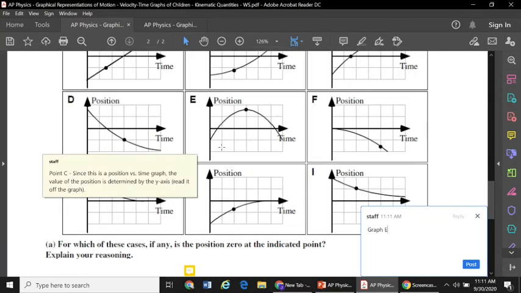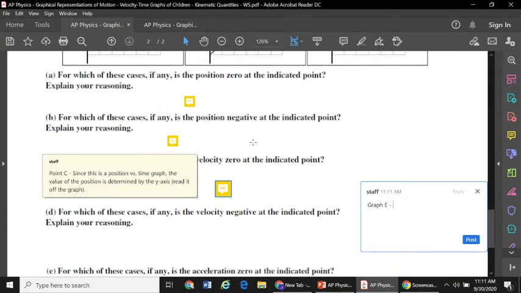Graph E, and we'll say here the slope of a line tangent to the curve for a position versus time graph is the velocity.